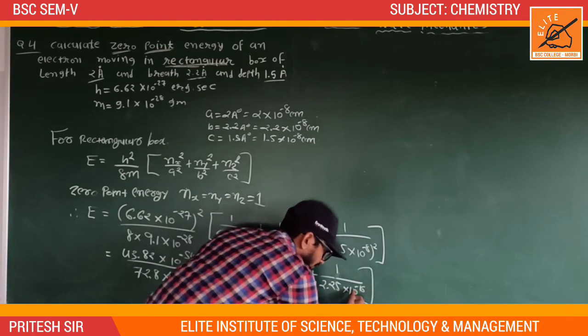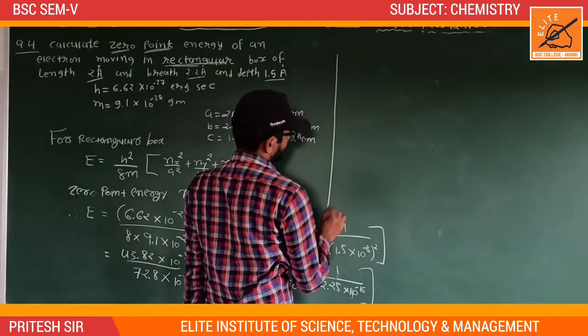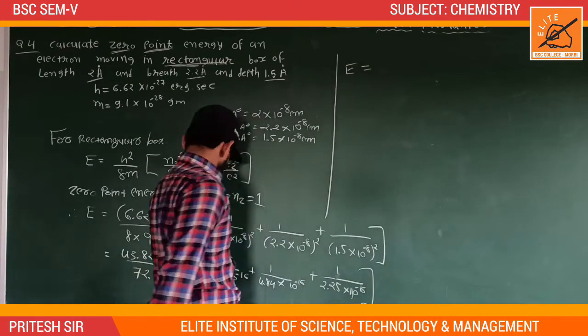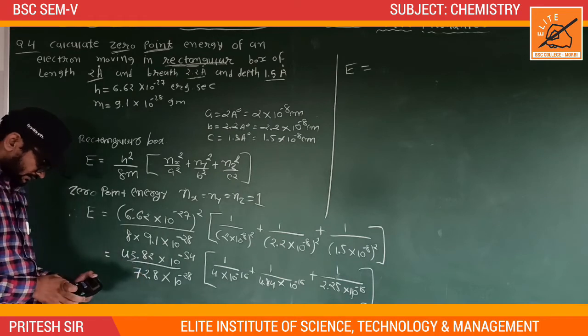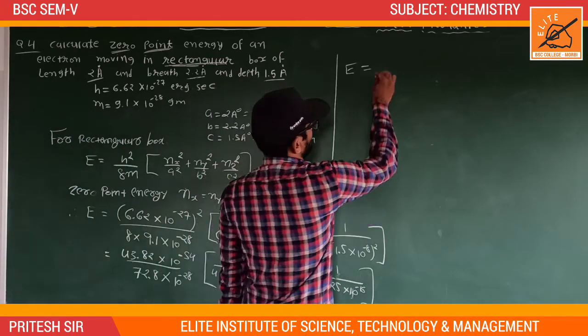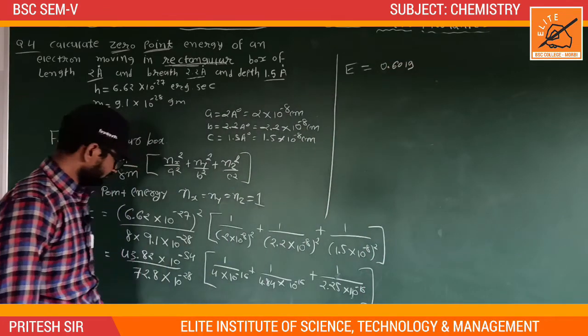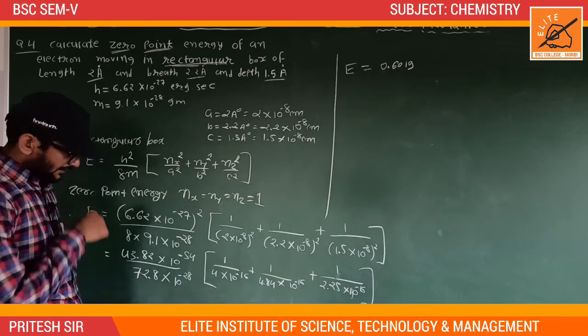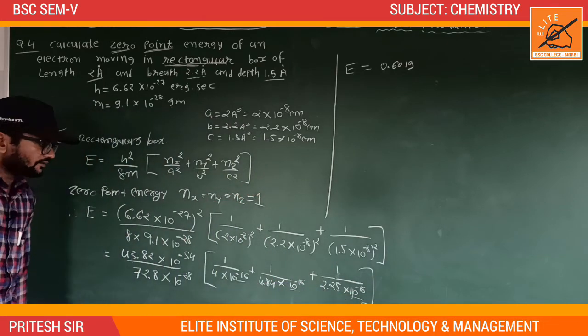Okay, so the value of energy is equal to 43.82 divided by 72.8, which is 0.6019, into... here we take common 10 to the power minus 16 in the denominator term because all terms contain 10 to the power minus 16.